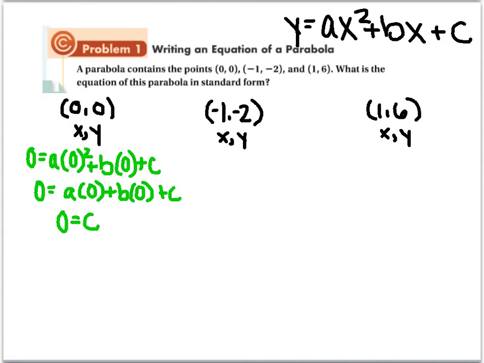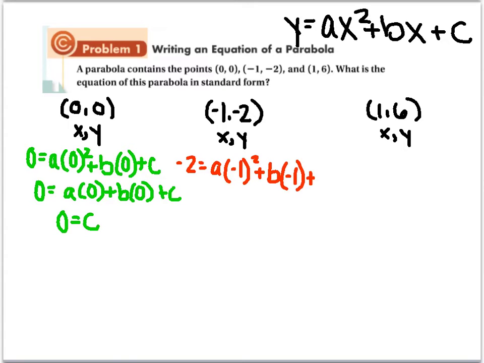Now we need to do this equation again. y equals ax squared plus bx plus what? 0. 0, good.